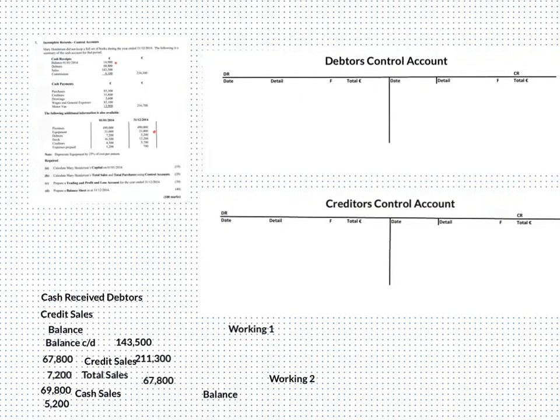The easiest place to start, always in relation to T accounts, is the opening balance. So we need to start with an opening balance. This is the balance brought down at the start of the year, so the 1st of the 1st, 2014.